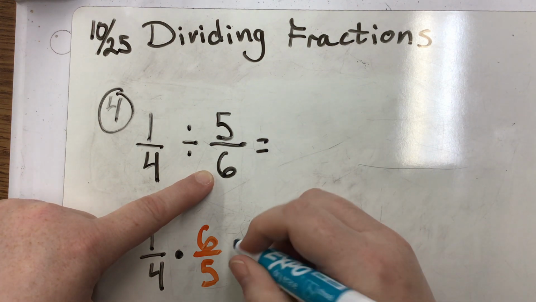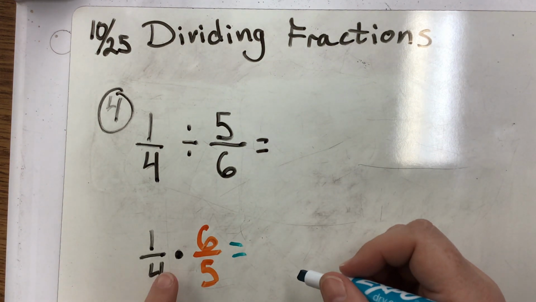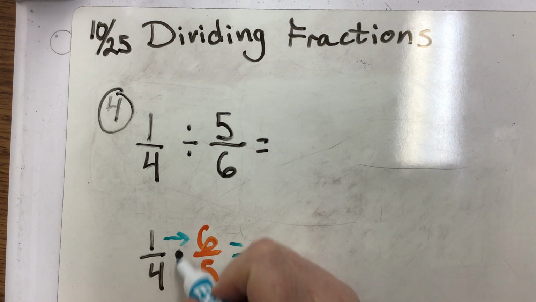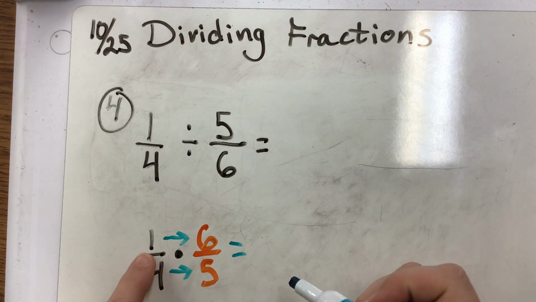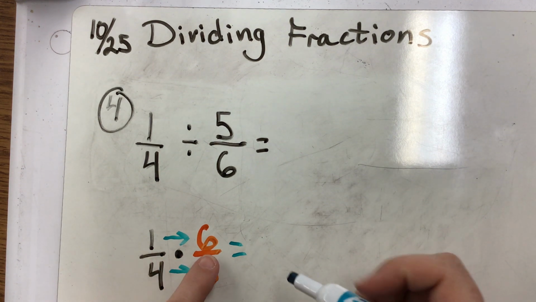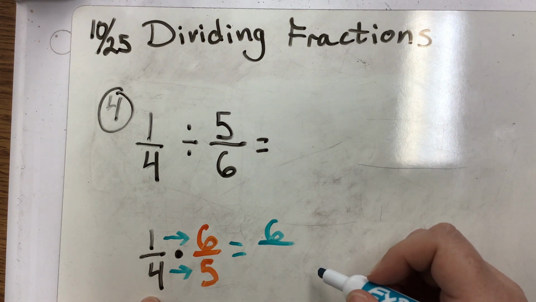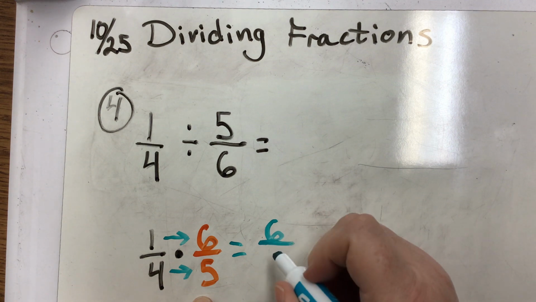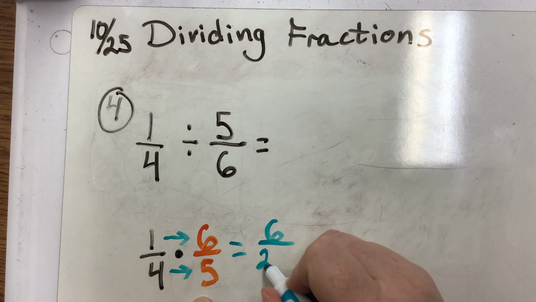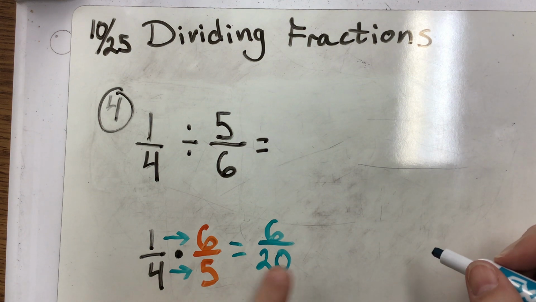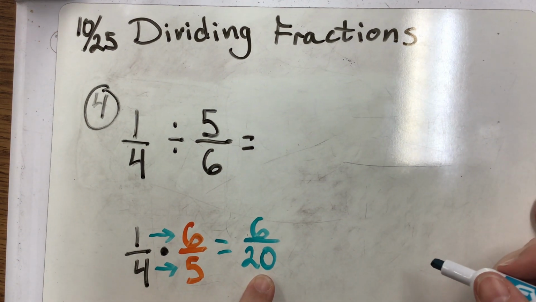Okay, let's go ahead and solve. What do we do? Multiply, we go straight across. 1 times 6 is 6. 4 times 5, might need to go to my calculator for this, it is 20. Oh man, let's put this into Desmos, see what we get.